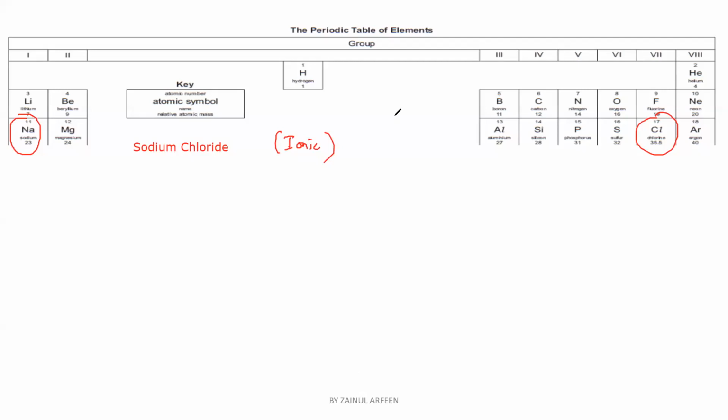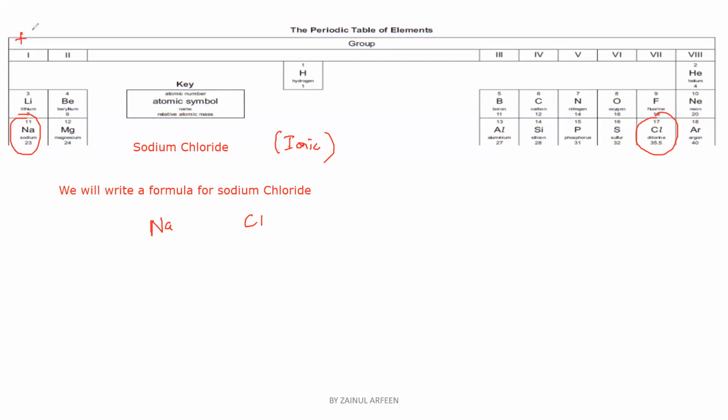So first, the first step, we will write a formula for sodium chloride. Now how to write a formula for sodium chloride? If you remember, first we write the symbol. Sodium symbol is Na and chlorine symbol is Cl. Sodium belongs to group 1.